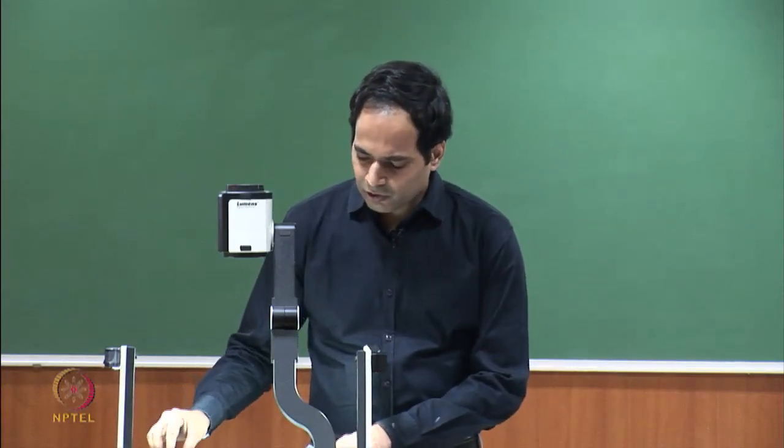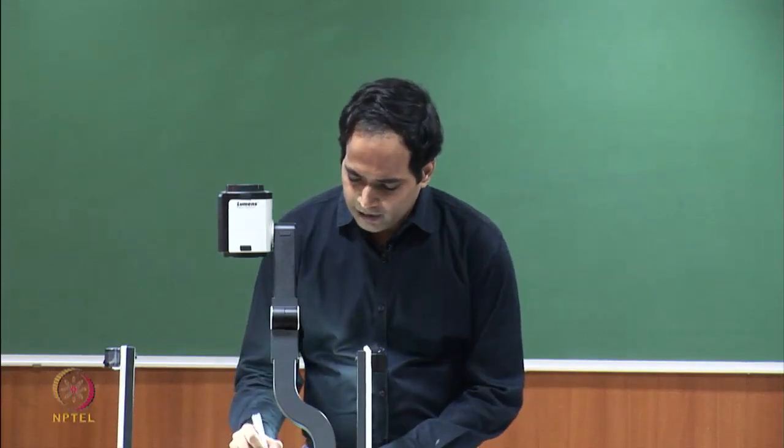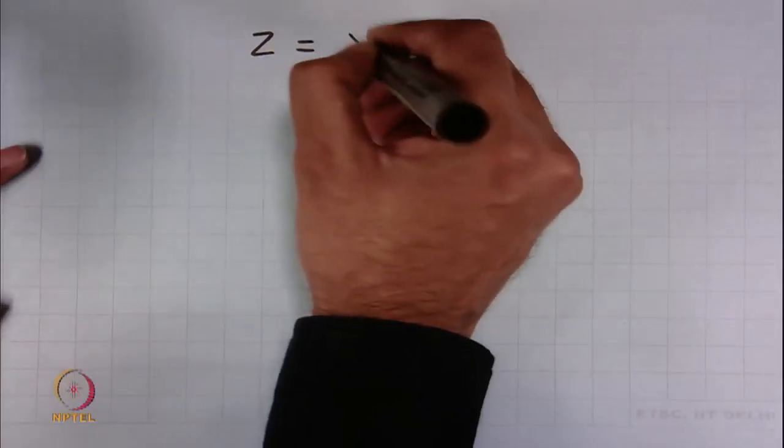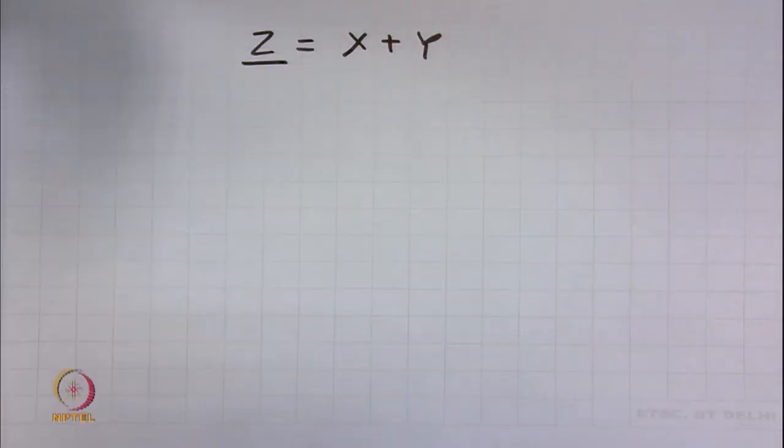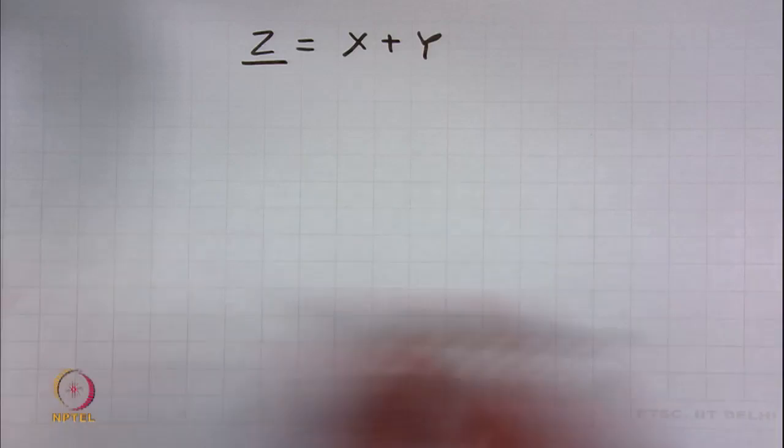Okay. So, because we are talking so much about Gaussian, let us do that previous example, assuming that x and y are Gaussian. So, what is the resultant probability density function if x and y are Gaussian?